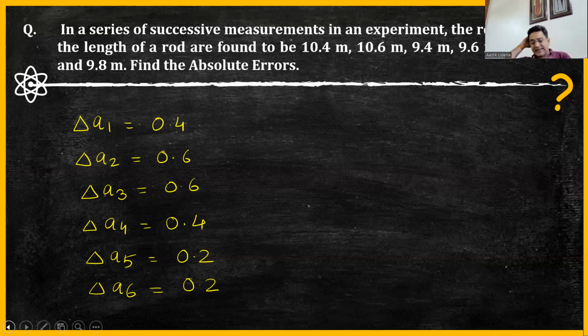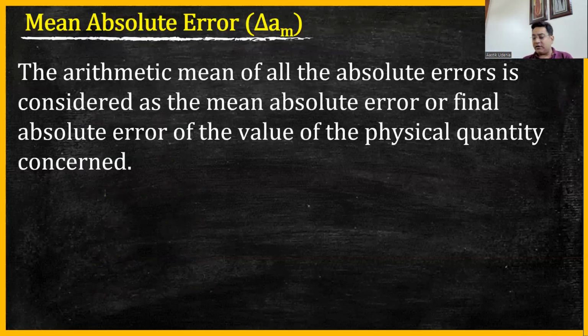Now, what is the next thing that we are going to understand? It comes automatically. I have got different absolute errors here. The next heading is the mean of absolute error, delta A mean. It is the mean of all these absolute errors. Do we understand this? Yes, sir.